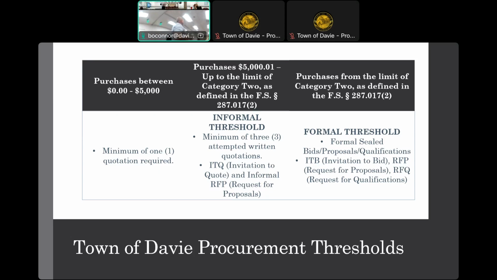We have to go through an RFQ process, and we'll be talking about different types of solicitations today. But for architects and engineers, it's really an RFQ, qualification based only.